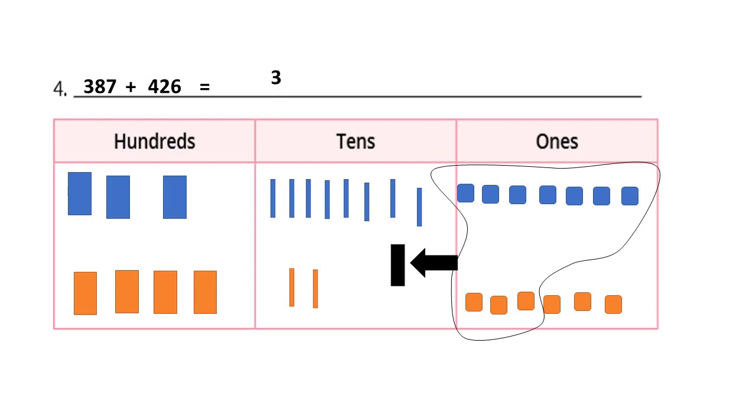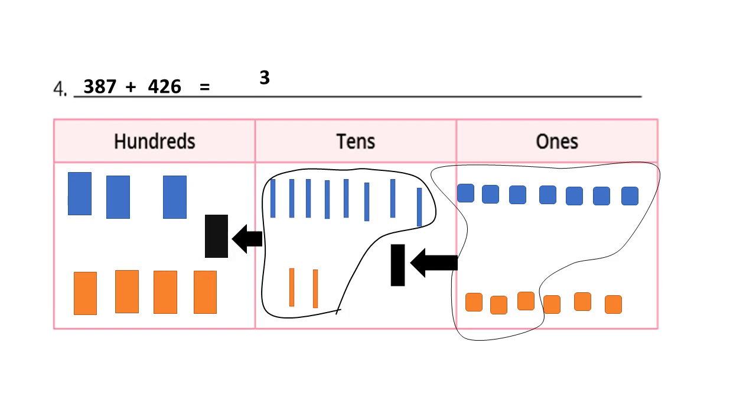Okay. Count how many straws here in the tens. Yes, 11. Can I write 11 in the tens digit here? No, I can't. So what will I do here again? Yes, I will take 10 straws from the tens and put it as 1 in the hundreds here.